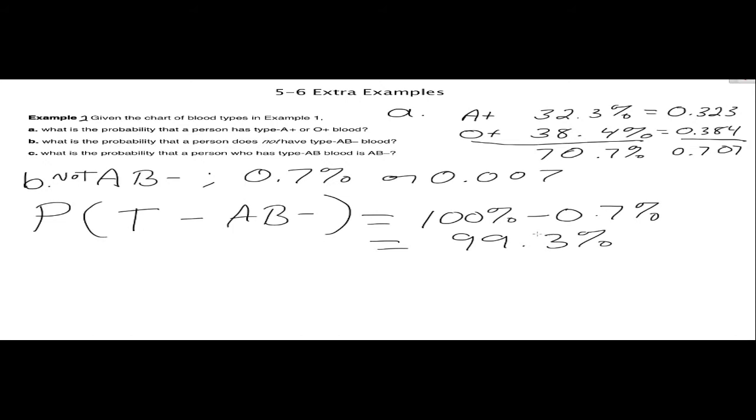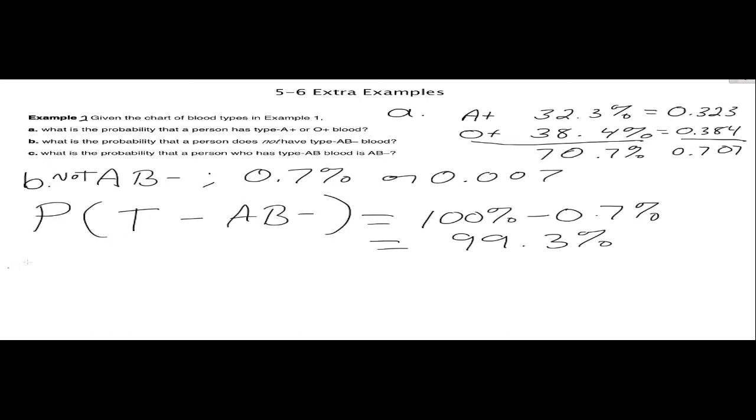Now we've got one more question, which is, in this example, what is the probability that a person who has type AB blood is AB negative? So this is the probability of AB negative given AB.